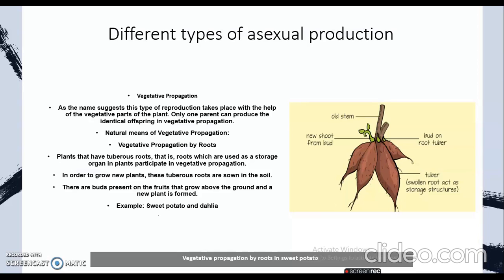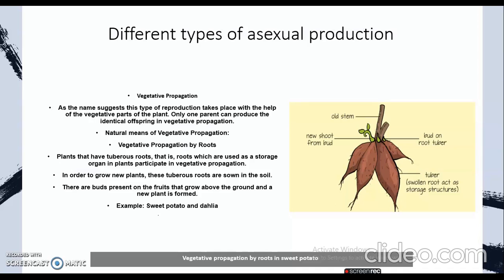So what are the natural means of vegetative propagation? First one is vegetative propagation by roots. Plants that have tuberous roots, where the roots are used as a storage organ in the plants, participate in vegetative propagation. In order to grow new plants, these tuberous roots are sown in the soil. And there are buds, I told you about vegetative buds.